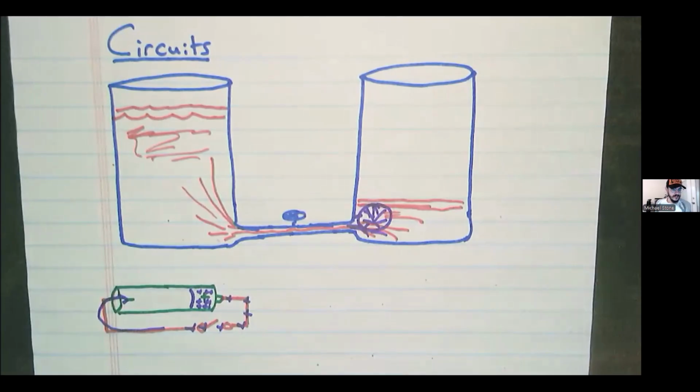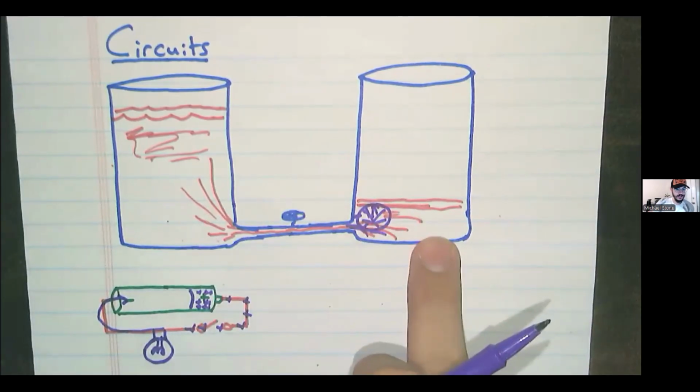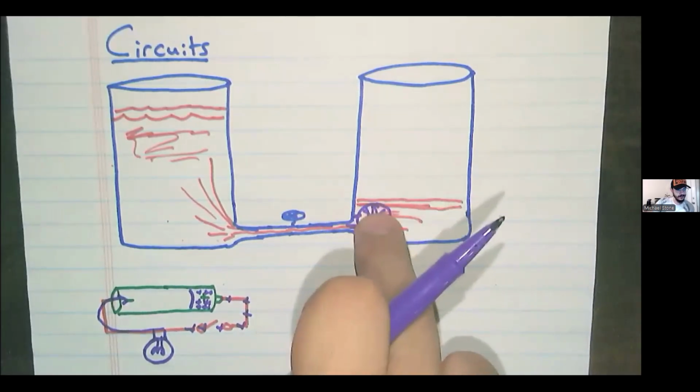Water wheels historically have been used to grind grain and turn saws at sawmills. Here, we could always just attach a good old-fashioned light bulb. In this case, the water's energy is being taken out.